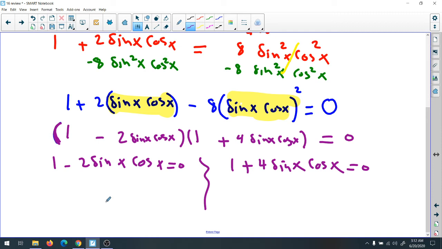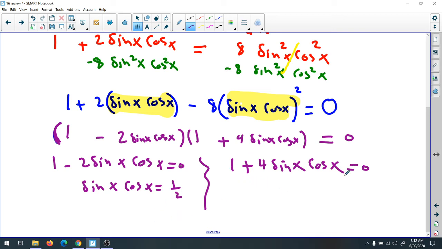So we have 2 solutions for that here. If we subtract 1 and divide by negative 2, then sine x cosine x equals, subtract 1 will be negative 1 over negative 2, which is a half.